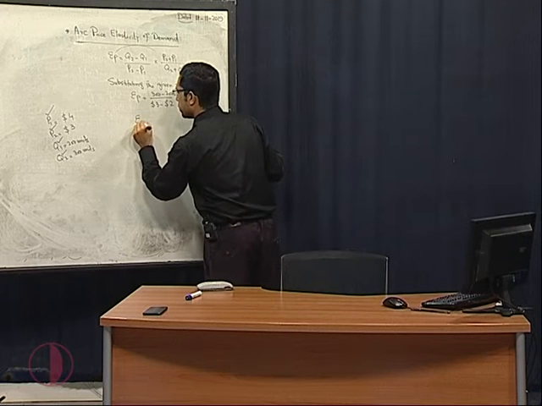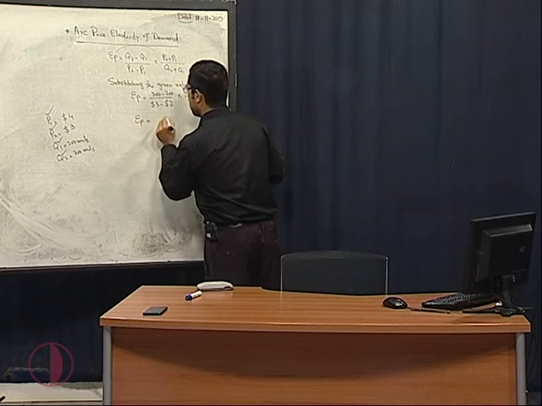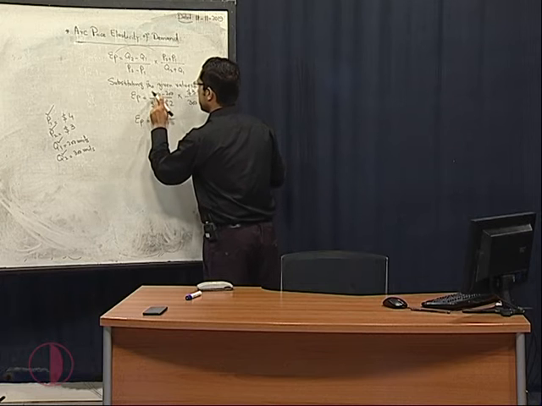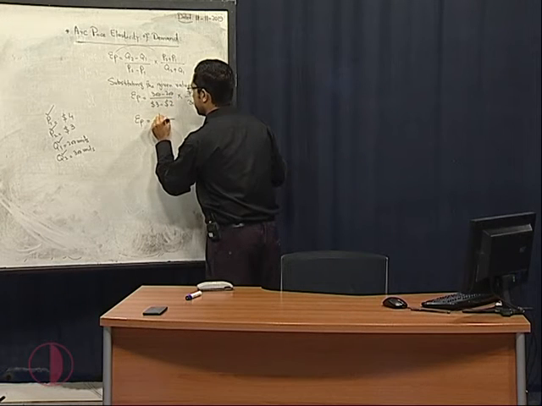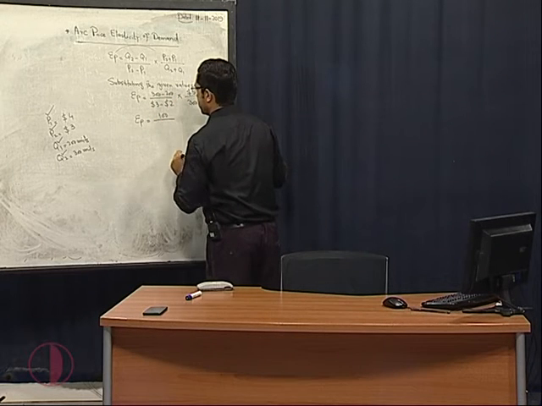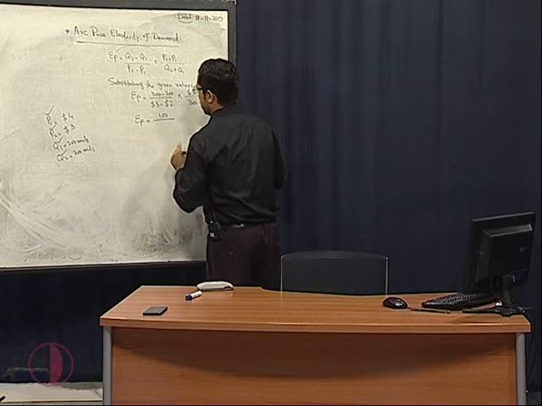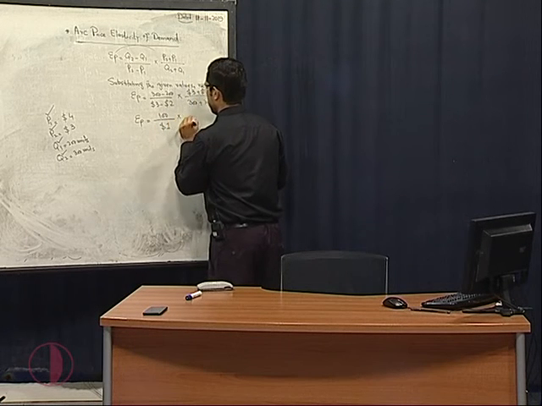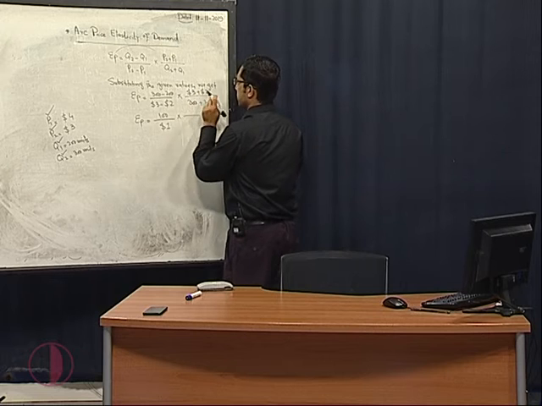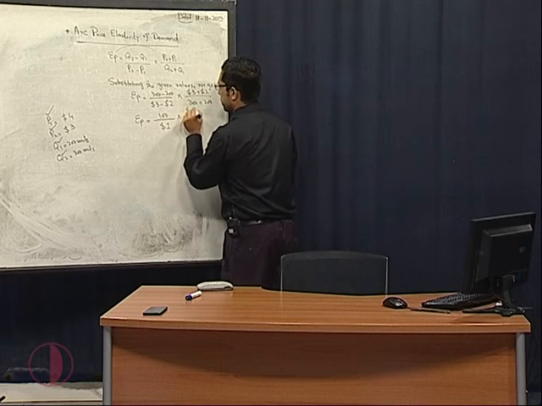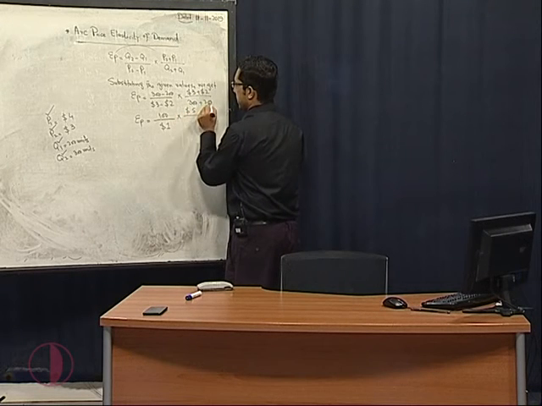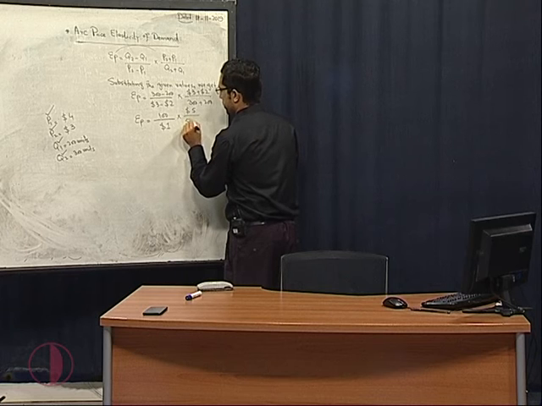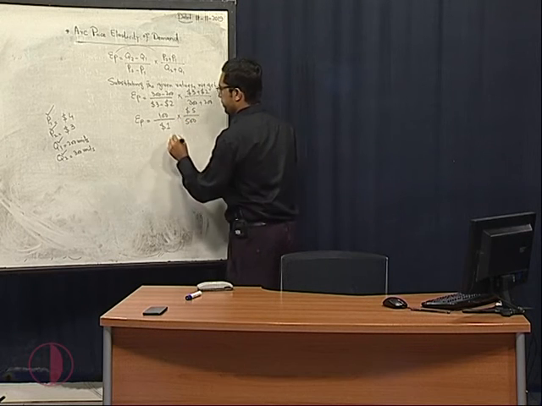So 300 minus 200, the answer is 100, divided by $3 minus $2, $1, multiplied by $3 plus $2, $5, divided by 300 plus 200, 500.